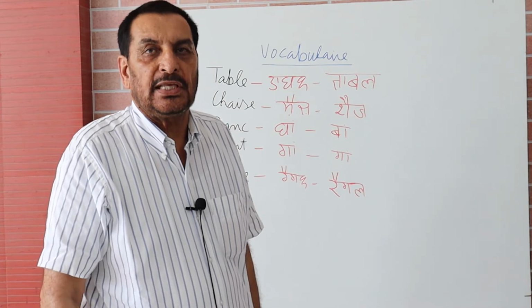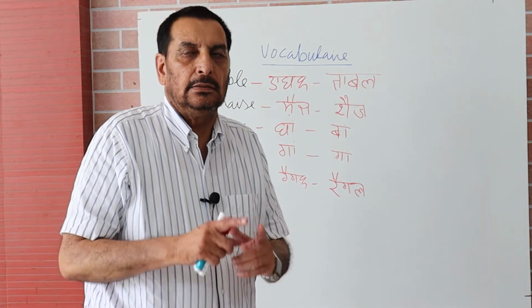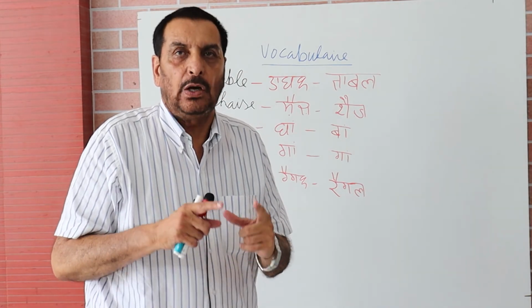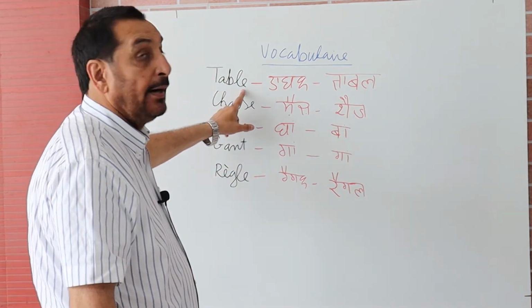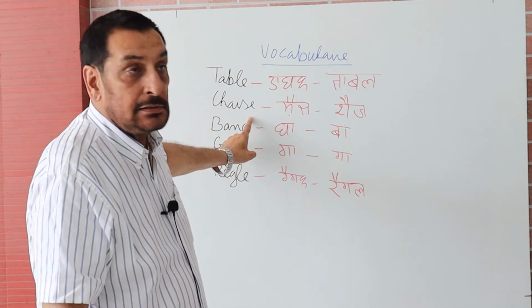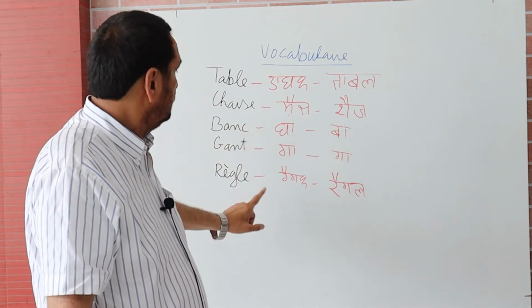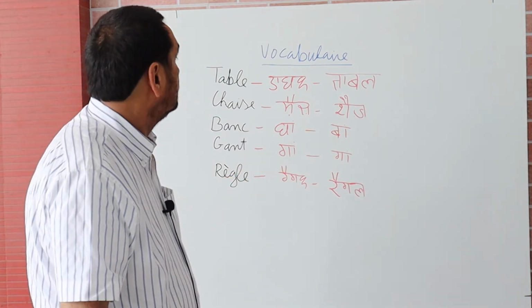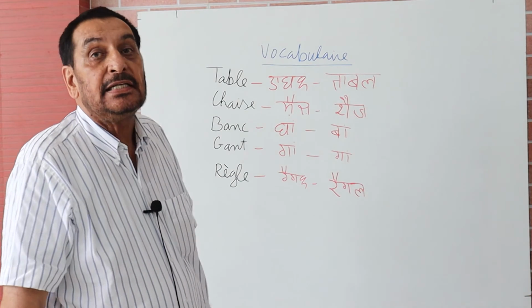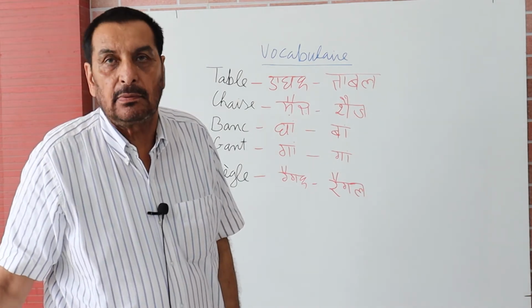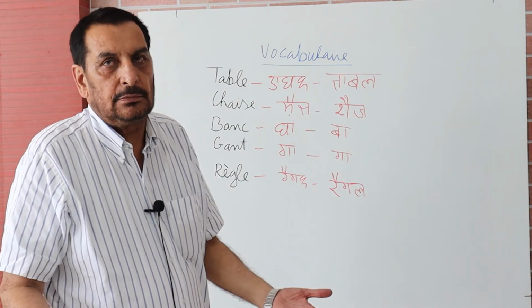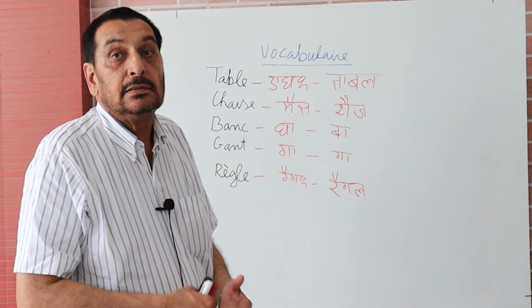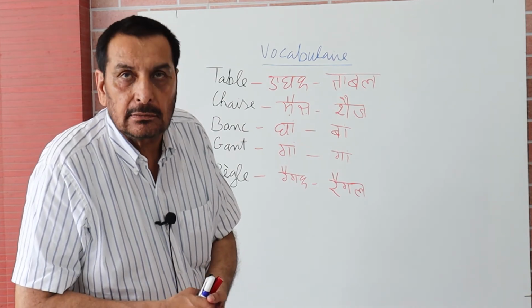As our daily routine, there are 5 words of vocabulary, lexique. Okay, these are table, chaise, banc, gant, règle. Table is table which we use. Chaise is chair.